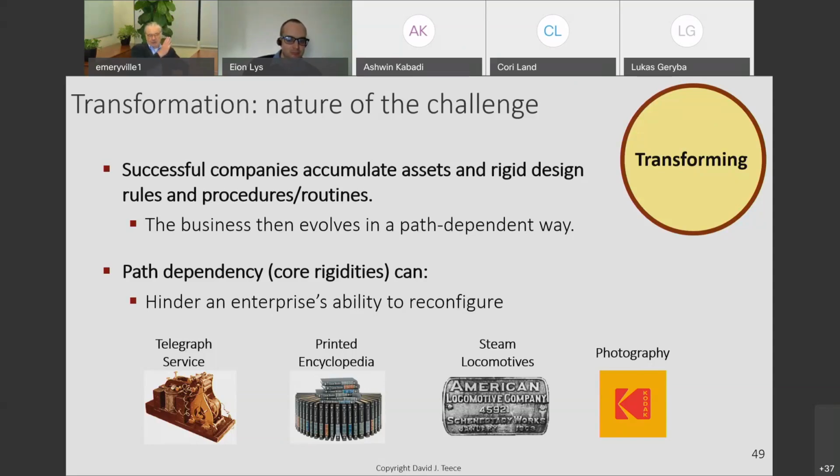I distinguish between entrepreneurs that start companies, managers that run companies, and leaders that change companies. Now, if you're really good, you can do all three. You can be an entrepreneur, you can be a manager, and you can be a leader. In fact, the very best are all of those. But sadly, not everyone is all of those. There are entrepreneurs that are good at starting things, and then you want to move them out of the way.